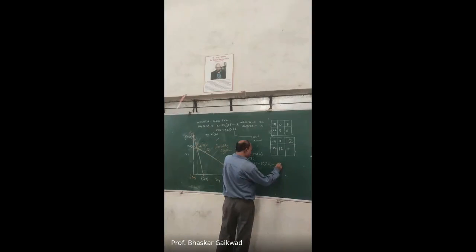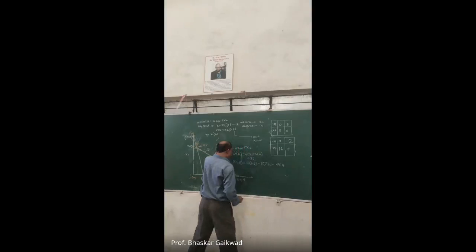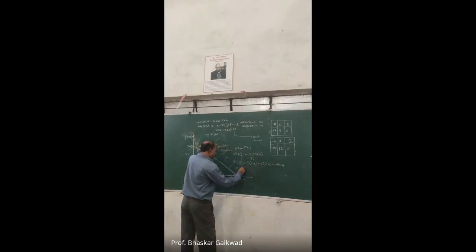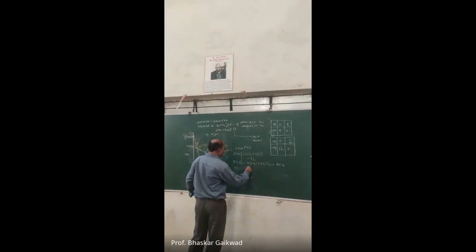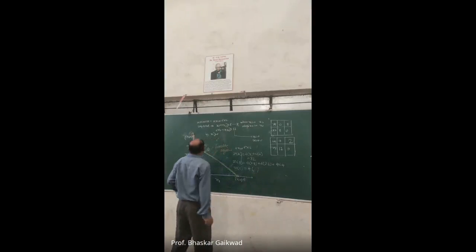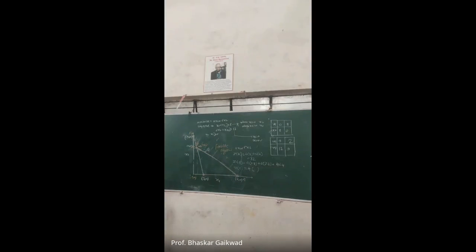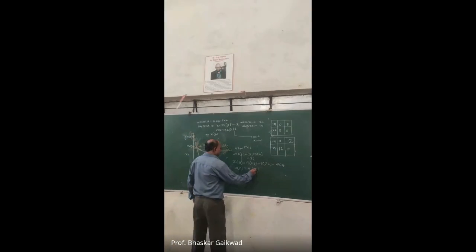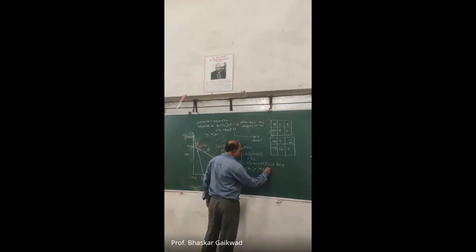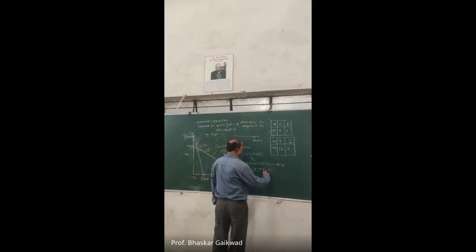So here it is 46.4. After that, you can calculate ZC. So what is x1 here? 0. And x2 is? What is x2? 12. How much? So what is the answer?